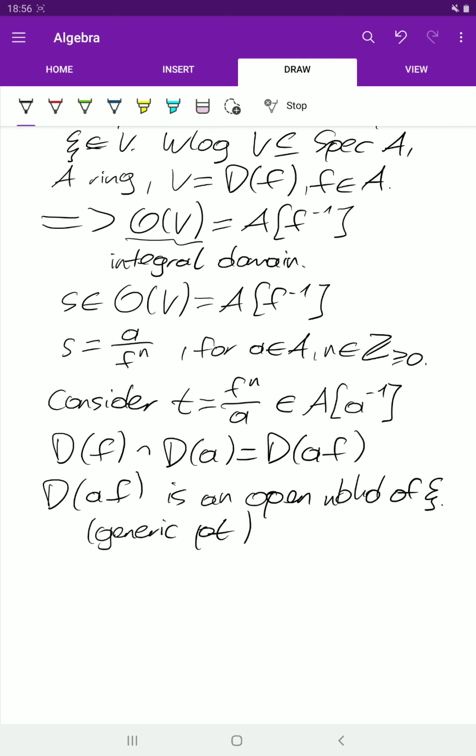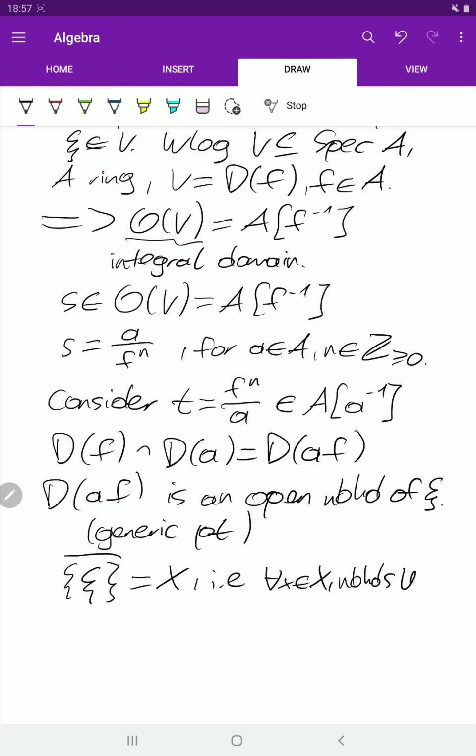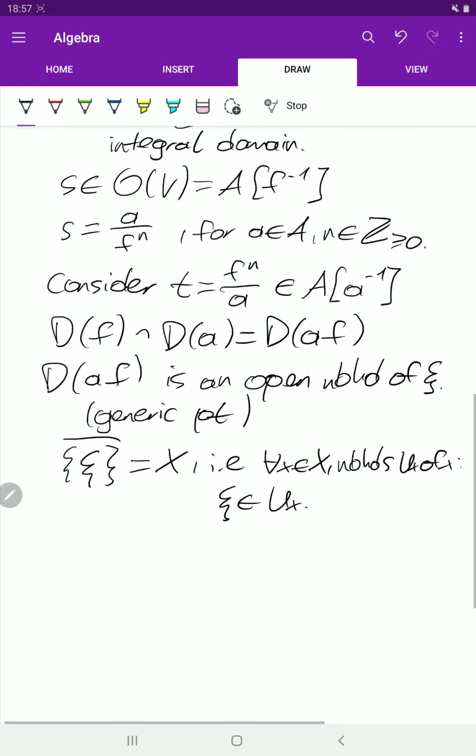Let me again remind you, the closure of this one point set is the whole space, which means that for all x in X and neighborhoods U_x of x, we have xi in U_x, so it's especially in this open set.